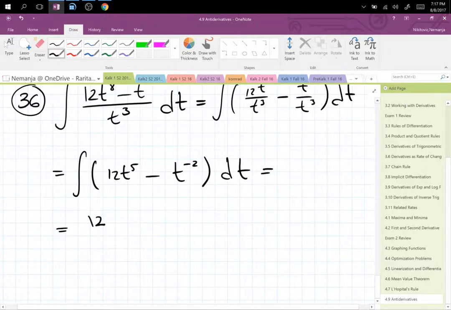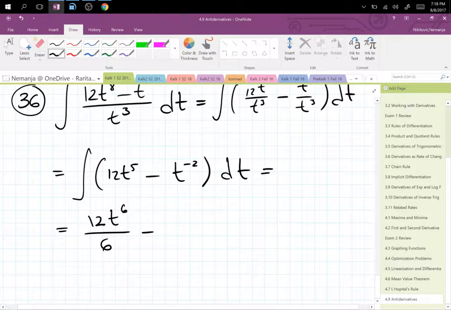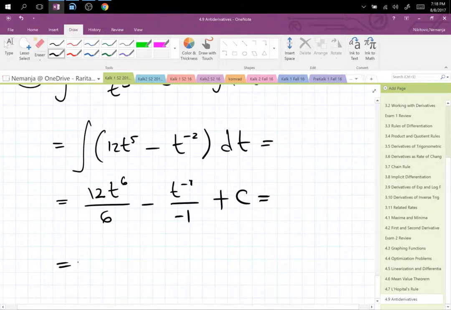Copy the constant. 5 plus 1 is 6, divided by 6, minus, plus 1, t to the negative 1 over negative 1 plus c. And then we simplify. 12 and 6, it's 2t to the 6. Negative and negative give me positive 1 over t, and then plus c.